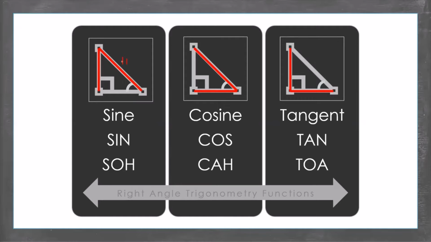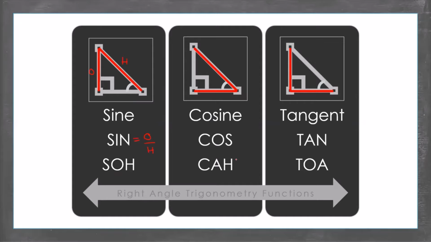We have hypotenuse and opposite. Those are the two sides that we make a ratio with relative to our subject angle when we're finding sine. So the sine of an angle is going to be equal to the opposite side divided by hypotenuse. That's where S, O on the top, H on the bottom.